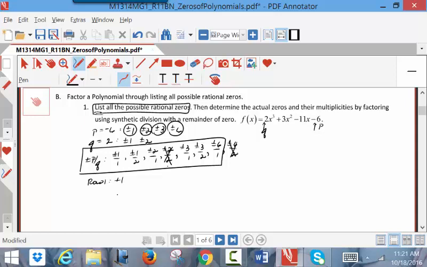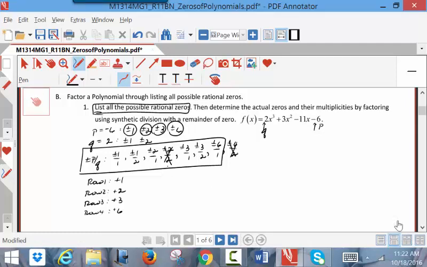Row 2, take the value of 2 and put it through synthetic division and see if you get the remainder of 0. Row 3, try the 3. And I'm just going to avoid the fractions. Row 4, try the 6. I'm going to pause the recording while y'all try this and see if any of you come up with one of them that will give me a remainder of 0.